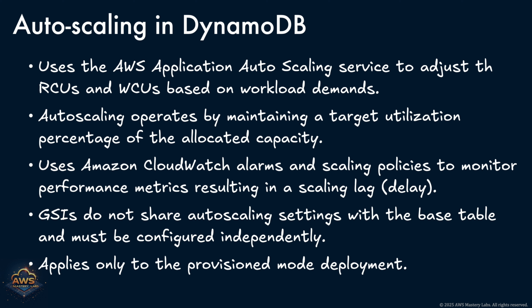By properly tuning auto-scaling settings, such as setting minimum and maximum capacity limits, adjusting target utilization percentages, and monitoring workload patterns, organizations can prevent throttling during traffic spikes while avoiding unnecessary costs. Optimizing these configurations ensures that DynamoDB can efficiently handle fluctuating demand while maintaining high availability and cost efficiency.